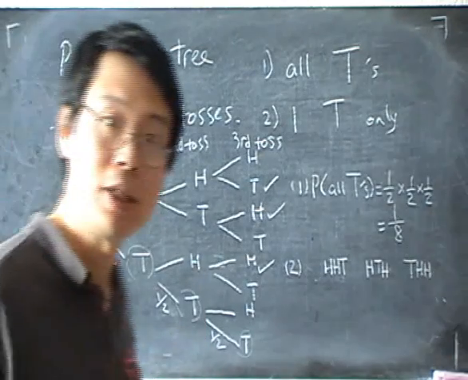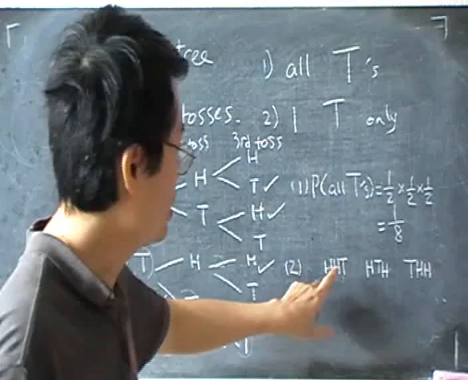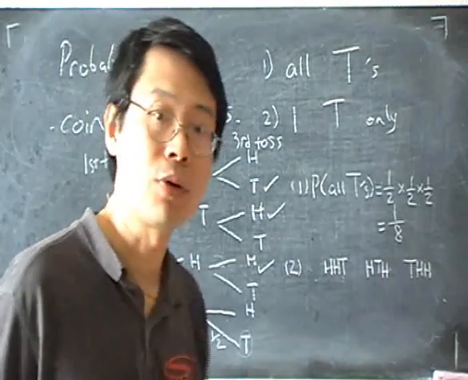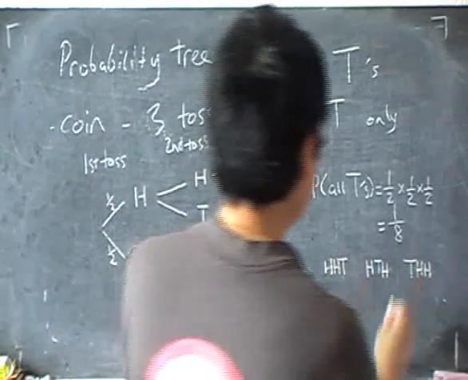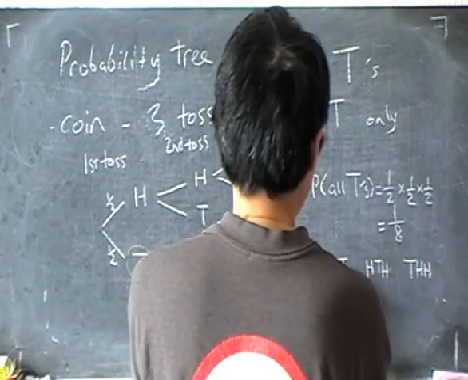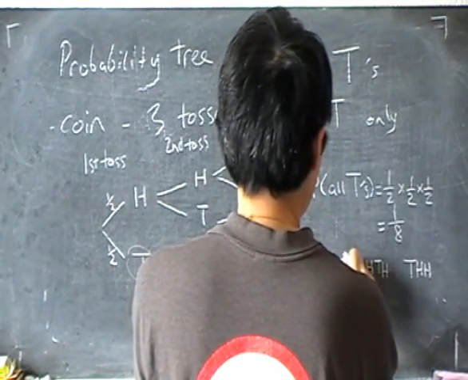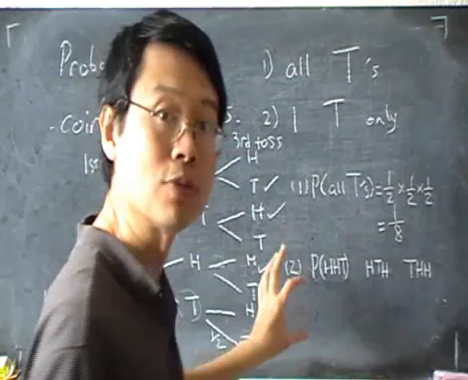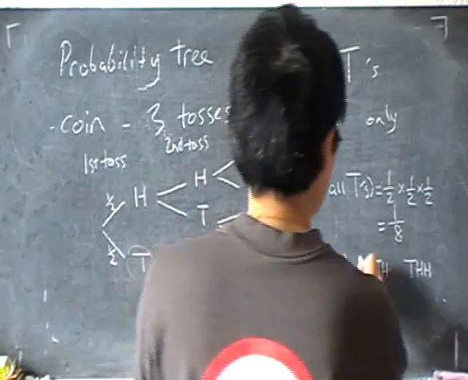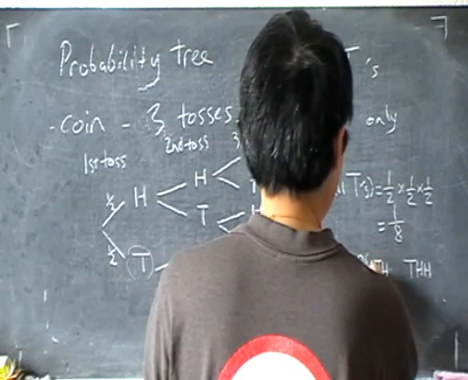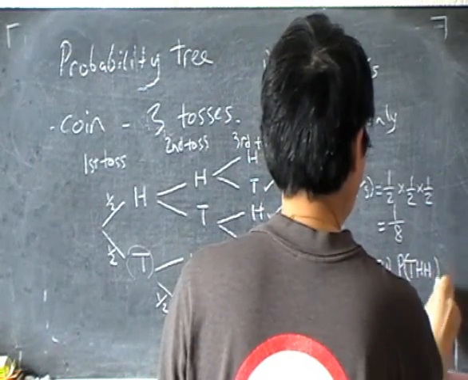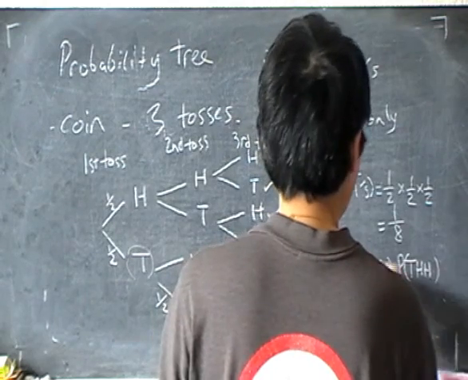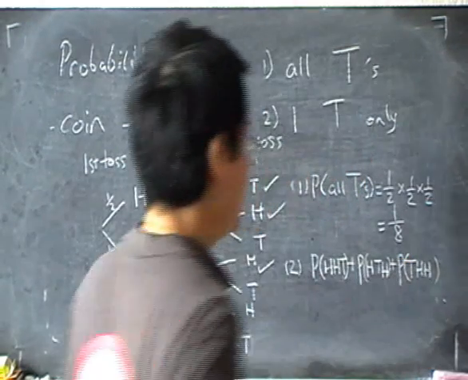So they are mutually exclusive, and therefore I can add the probabilities of these three cases. So let me put a P next to it to say that I now want to think of the probabilities. P with a bracket and a P with a bracket, and I want to add all of them to get the answer.